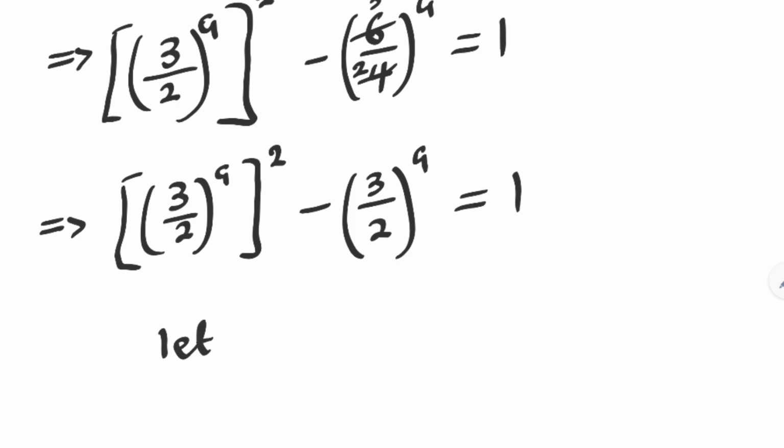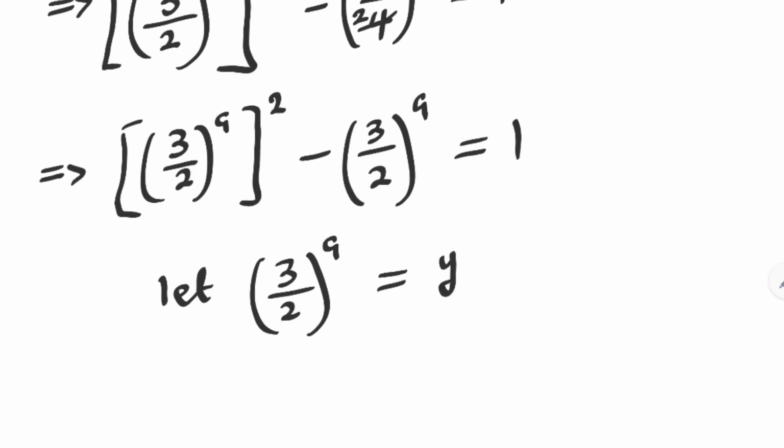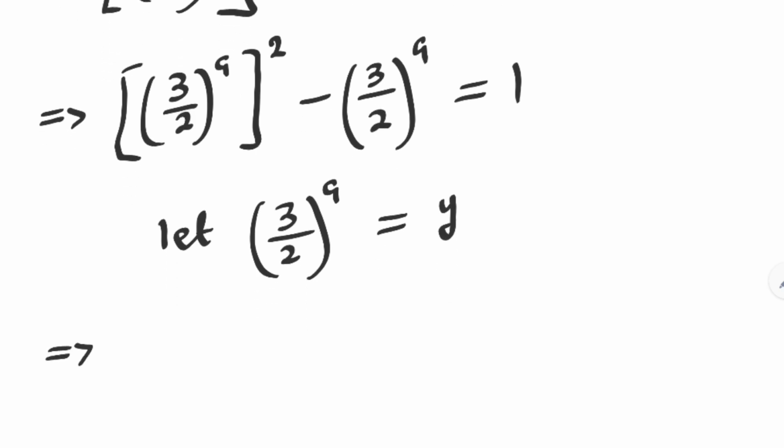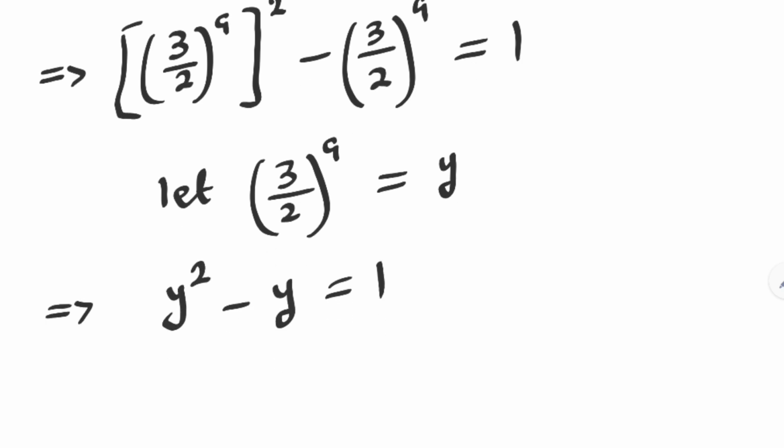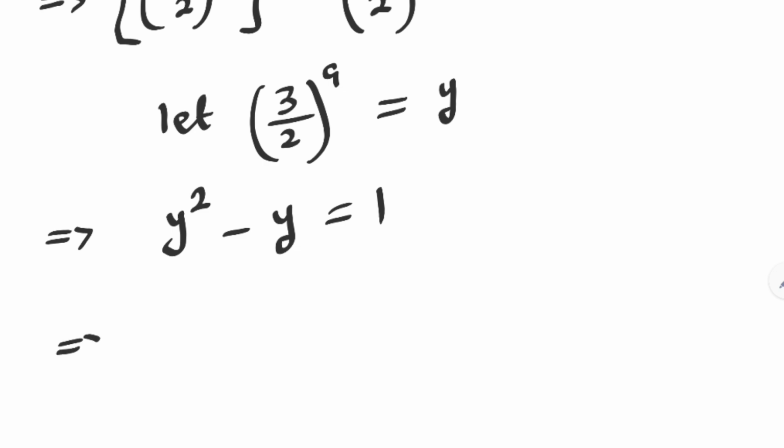Let 3 divided by 2 raised to the power of A be equal to y. Y squared minus y is equal to 1. Y squared minus y minus 1 is equal to 0. This is a quadratic equation.